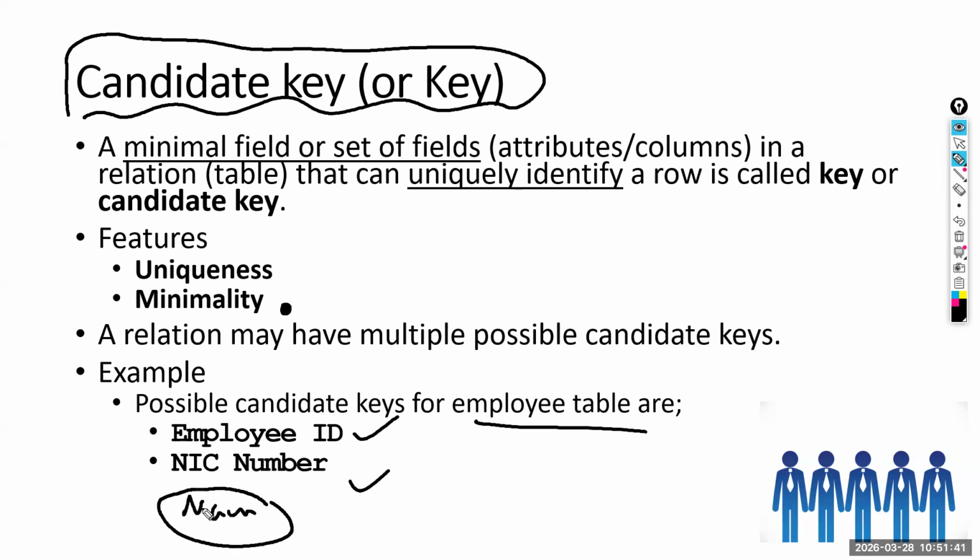Because the name may not be unique. And not employee ID and NIC together, because that is not minimal. When one is enough, if you take two, that is not minimal. Or employee ID, comma, name is not a candidate key. It must be unique, it must be minimal, and the third condition is it must not have null values.